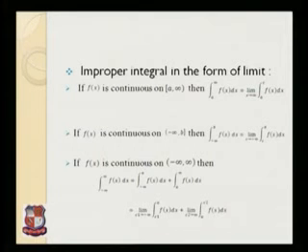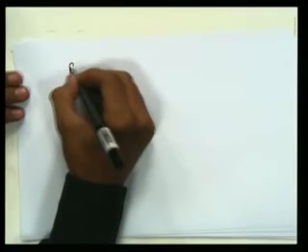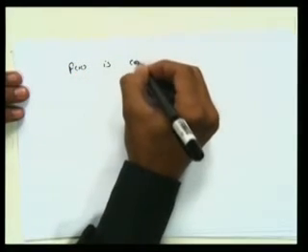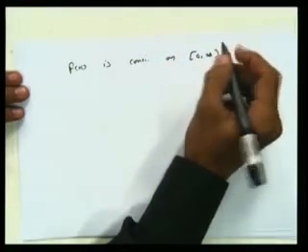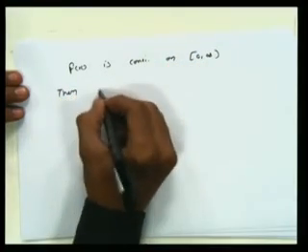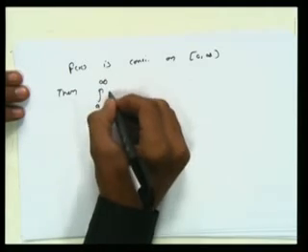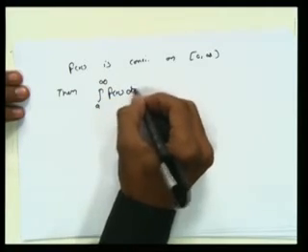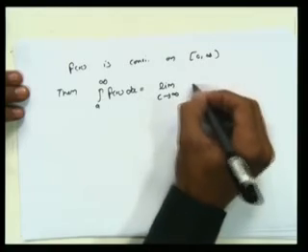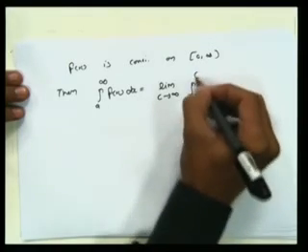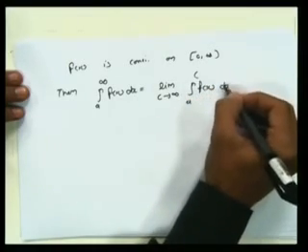Let us try to understand what it wants to say. We have f of x continuous on the closed interval a to infinity, then the integration from a to infinity of f of x dx is equal to the limit c tends to infinity of the integration a to c of f of x dx.